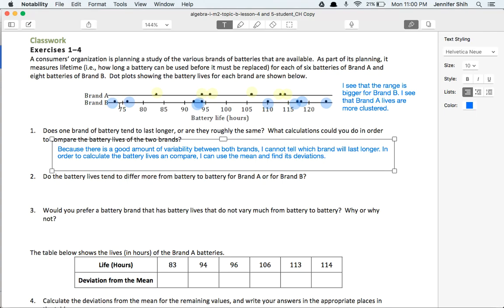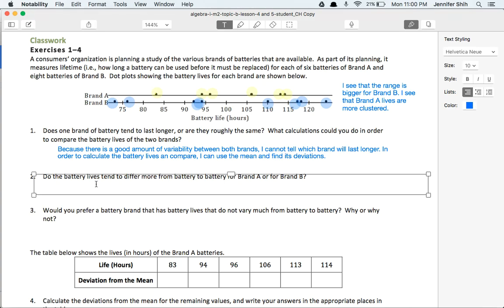The bigger the deviation from the mean, the more inconsistent. Do the battery lives tend to differ more from battery to battery for brand A or from brand B? So we're just looking at brand A. Do they differ a lot? And then we're just looking at brand B. Do they differ a lot? Brand B batteries look like they differ more.